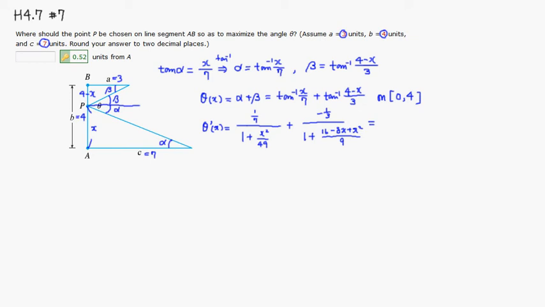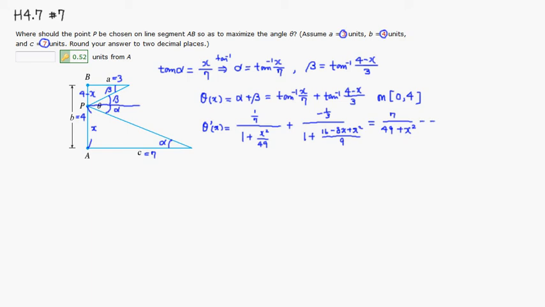Multiply top and bottom by 49 on the first one. So it's going to be 7 on top. Then you have 1 times 49 is 49. 49 cancels out, so you're just going to get x squared, which is nice. And then there's going to be a negative sign here.